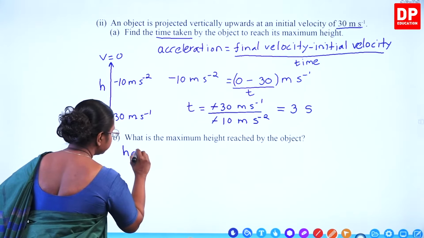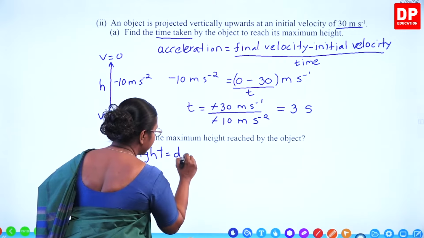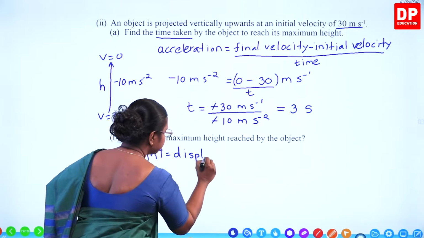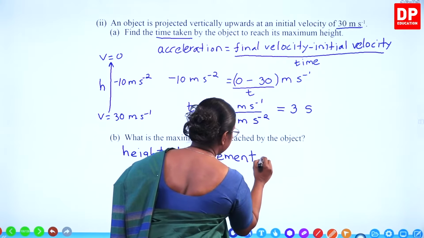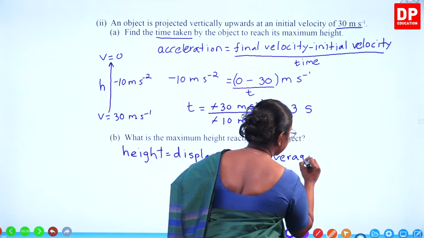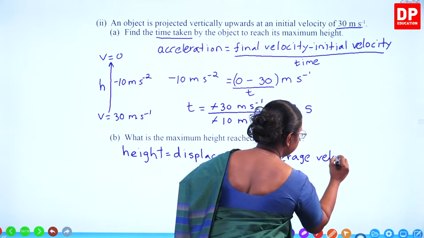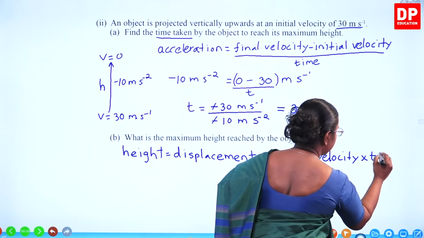Height is equal to displacement, that is equal to average velocity into time.